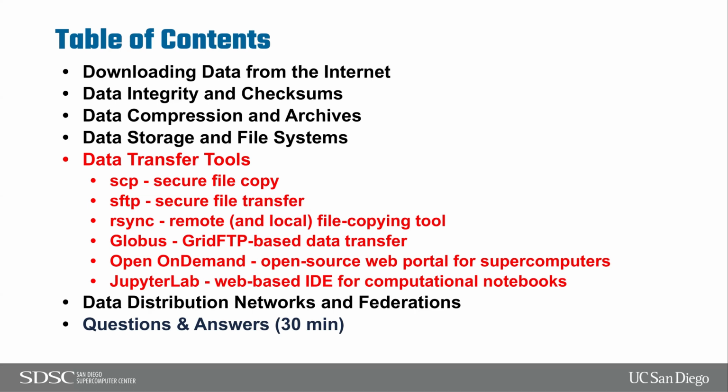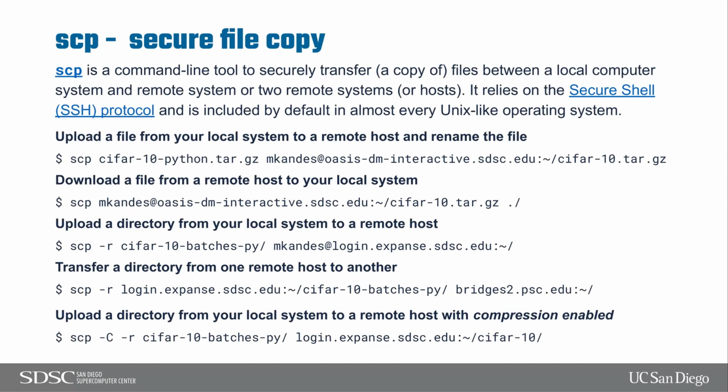Now, I'm going to cover the first 4 here in the last 5 minutes we have. If you're not familiar with transferring data between your local system and a remote system, or between two remote computers out on the internet, SCP is usually the first command line tool you'll encounter using, right?